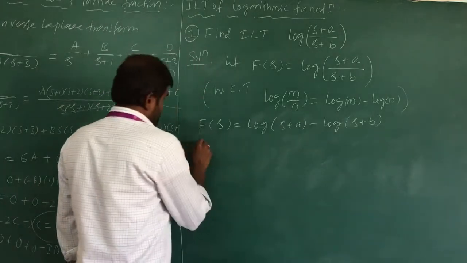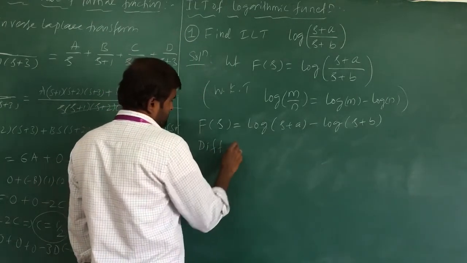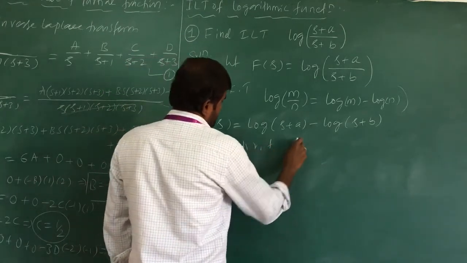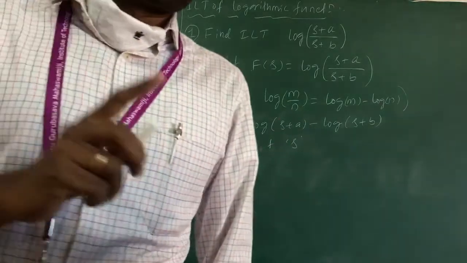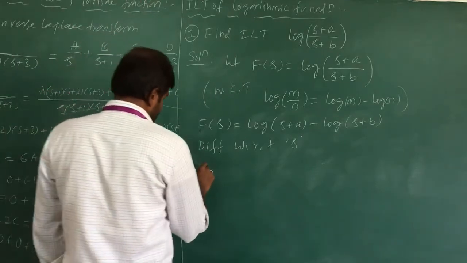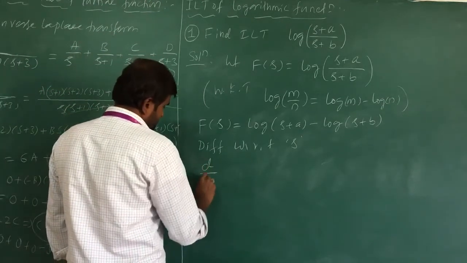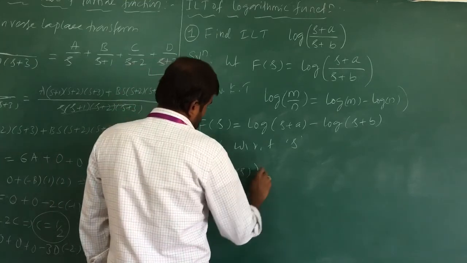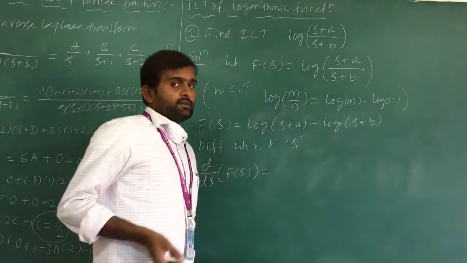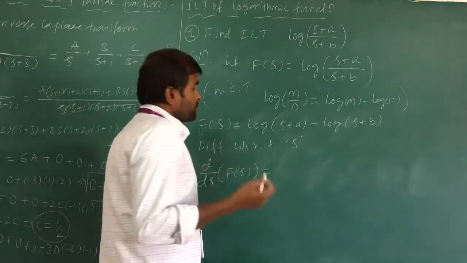Now what we do, differentiate with respect to s. Differentiating with respect to s, d by ds of f of s equal to, so we know that the differentiation of log x is 1 by x.